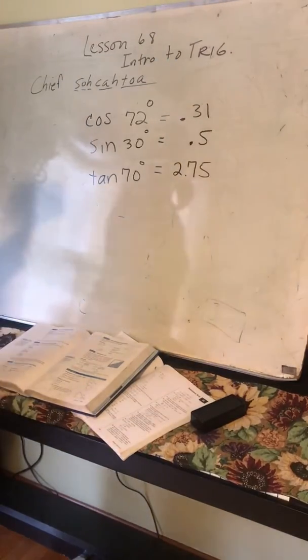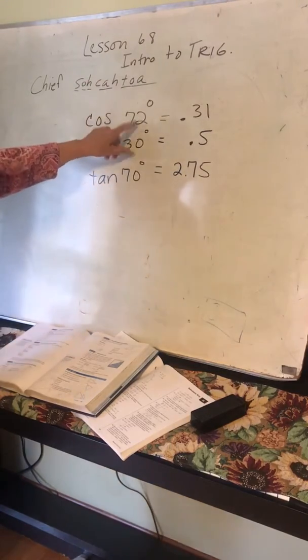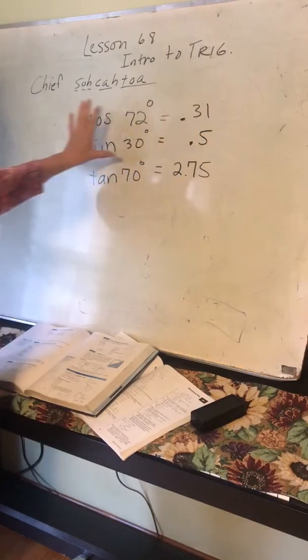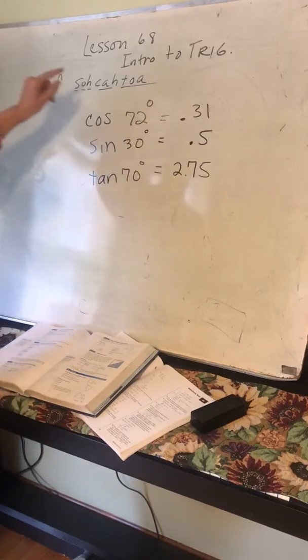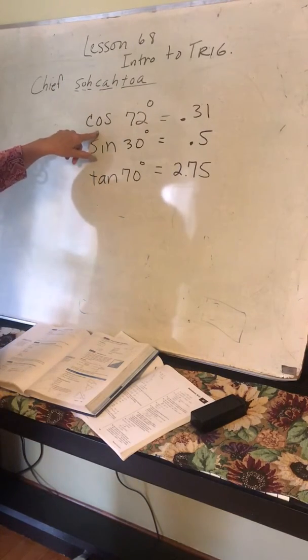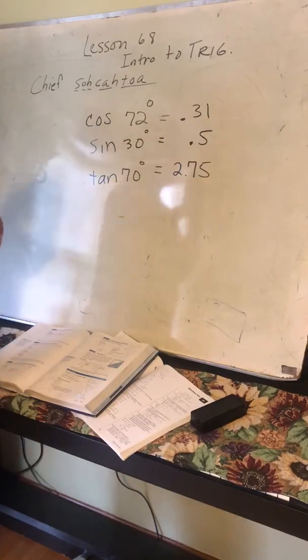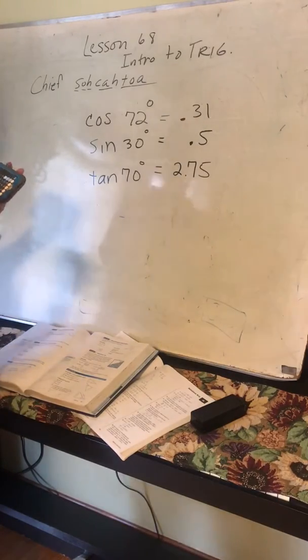Now, if your calculator doesn't work, you might try hitting cosine and then 72, and then see if you get these numbers. So you've got to figure out which way to use your calculator. On the phone here, I punch 72 in, then my trig cosine. If you need to do it the other way, try it to make sure you can get the right answers here.